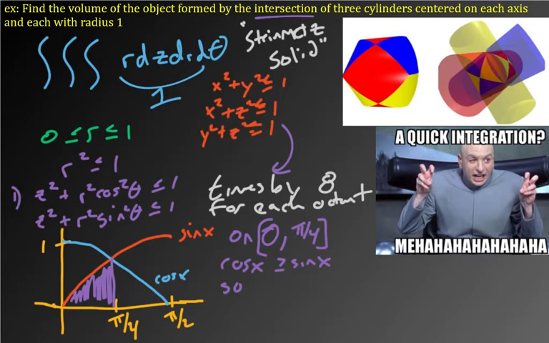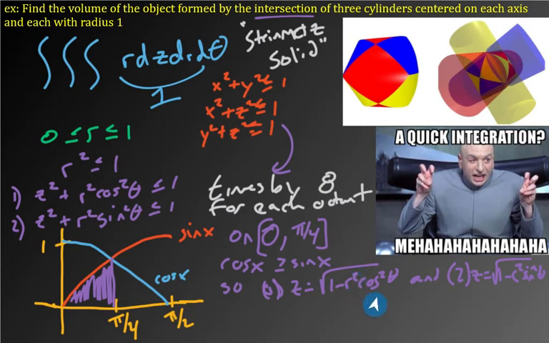So 1 becomes z equals the square root of 1 minus r squared cosine squared theta. And 2 is z equals the square root of 1 minus r squared sine squared theta. On that interval, since cosine is bigger than sine, I'm taking away more stuff here, so this is smaller than this.